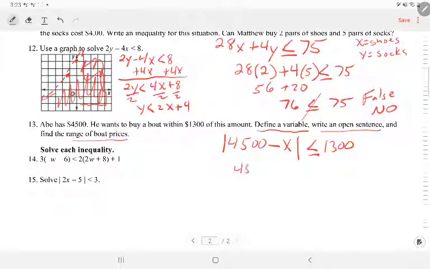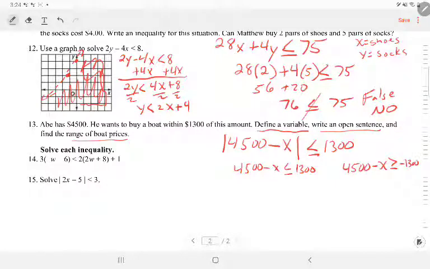So 4,500 minus x less than or equal to 1,300, and we would have 4,500 minus x is greater than or equal to negative 1,300.